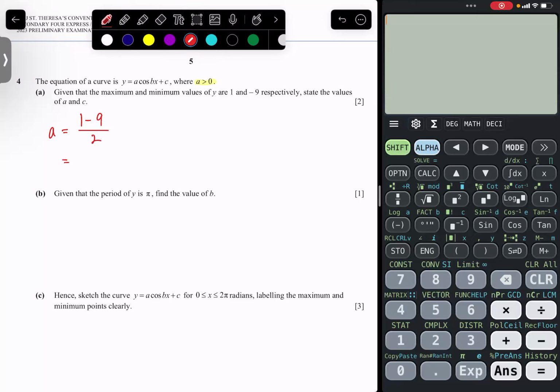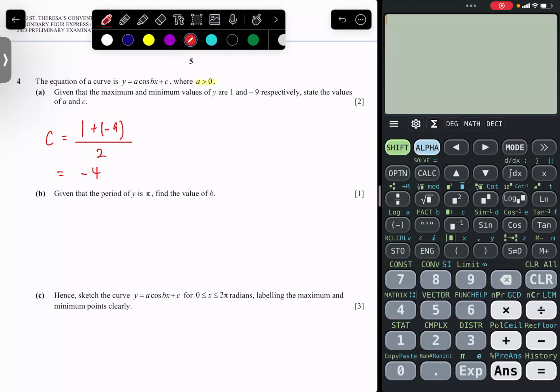Now, c equals, sorry, I keep looking at the wrong value. c equals 1 plus -9 divided by 2, so equals -4. So this -4 is the c value. It is the center line.